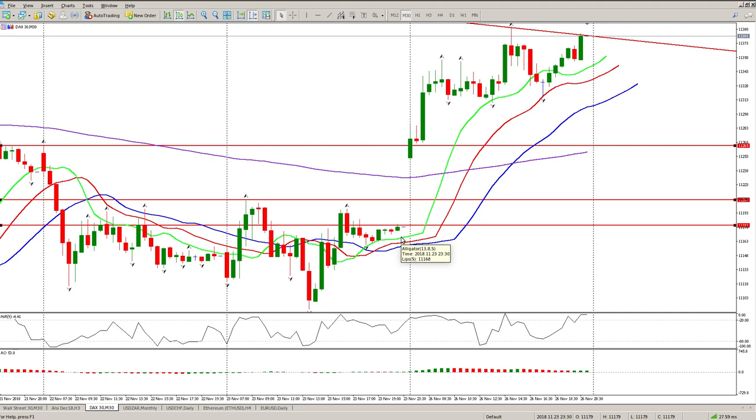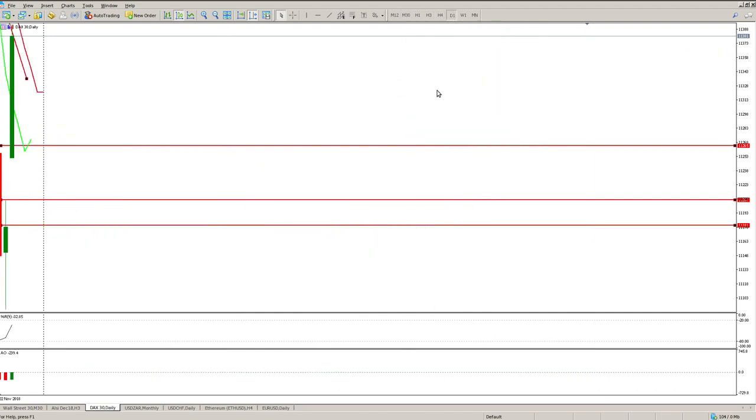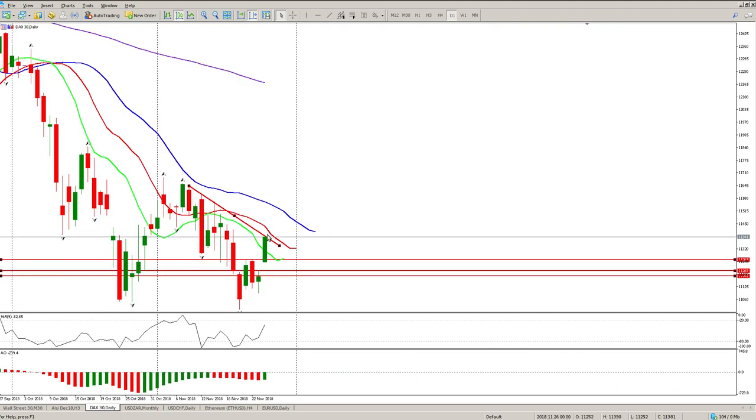Okay, so yeah, part of me is saying, the daily was a great solid green candle, and also a break of this trend here. But look where the test of this break is.